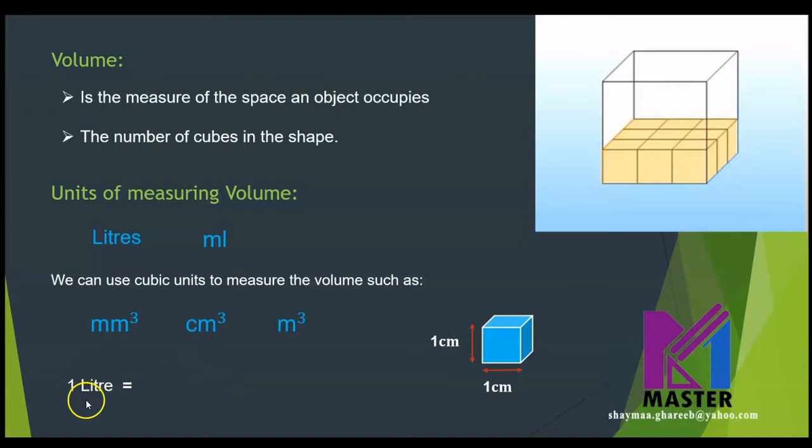Now, do you remember that 1 liter equals 1000 cubic centimeters, and also it has 1000 milliliters? And 1 milliliter equals 1 cubic centimeter. It's really important to know the conversions from liters to cubic centimeters and from milliliters to cubic centimeters. Is this clear?